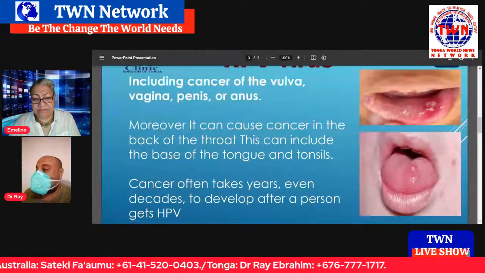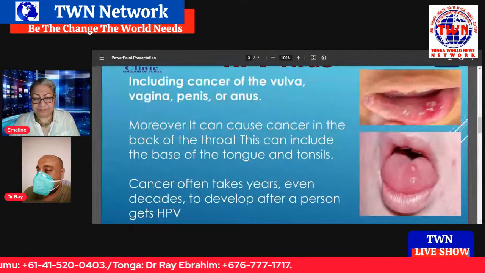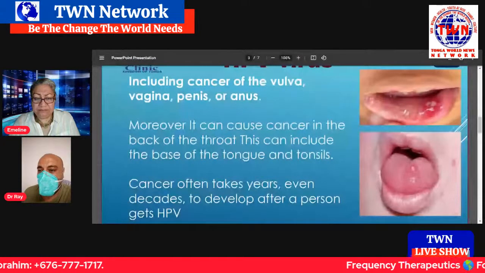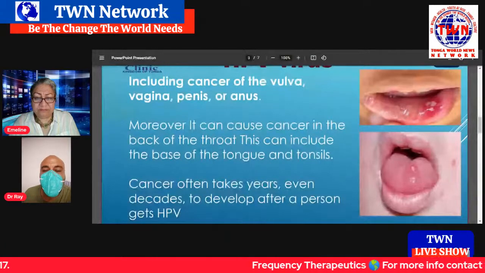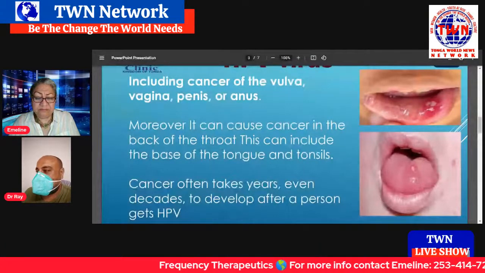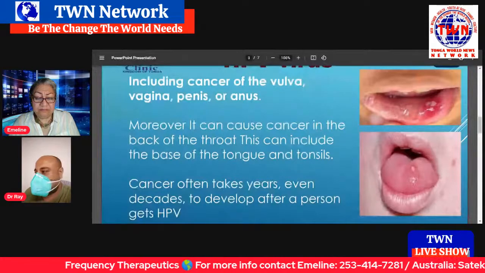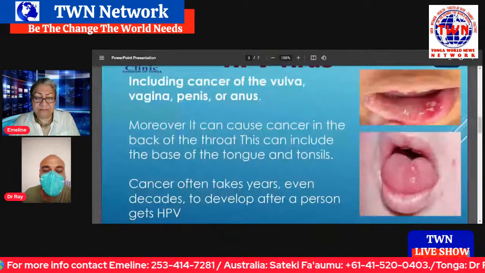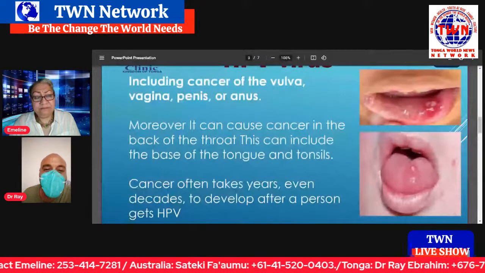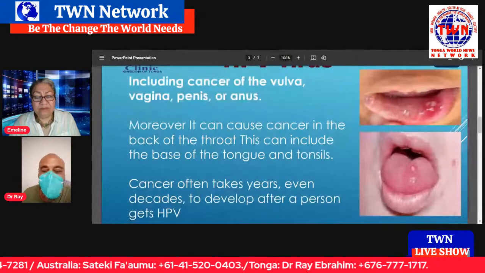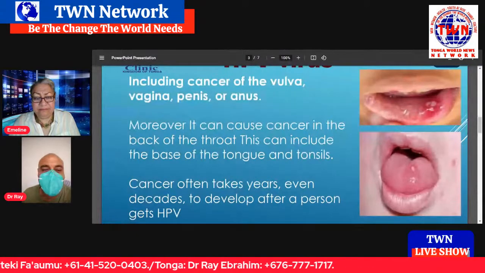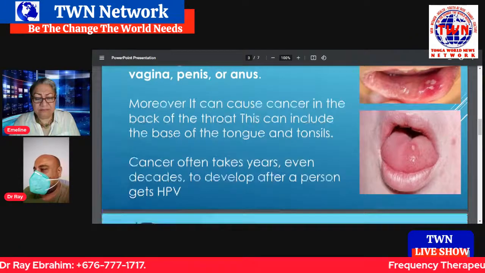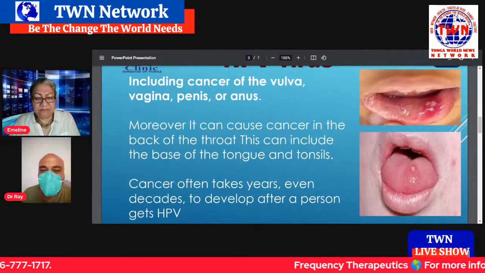Then it can come back like this on your lips or your tongue as ulcers. So be very careful when people get this. Don't just think it's stomach ulcers or mouth ulcers or tongue ulcers. There is something behind it. And please don't go to Dr. Google, because Dr. Google will tell you it's ulcers. But this is one of the signs that people have HPV.